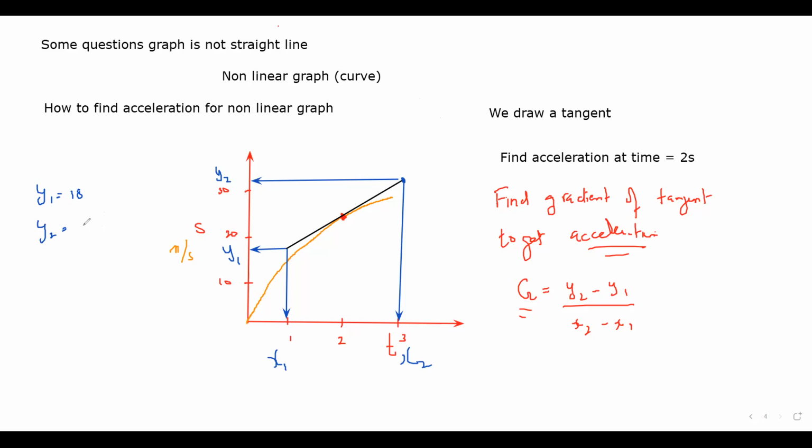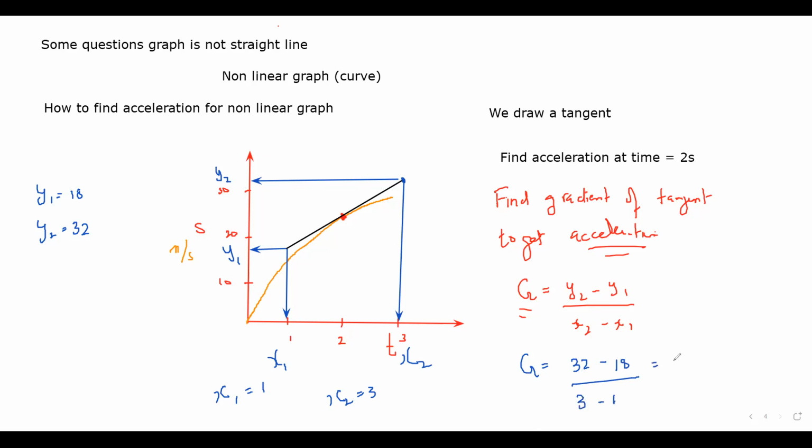So for example, y2 is equal to 32, then x1 is equal to 1 and x2 is equal to 3. So when we calculate the gradient, which is y2 minus y1 over x2 minus x1, y2 is 32 minus y1 which is 18, divided by x2 which is 3 minus x1 which is 1.